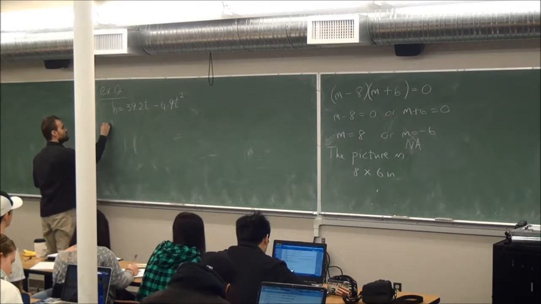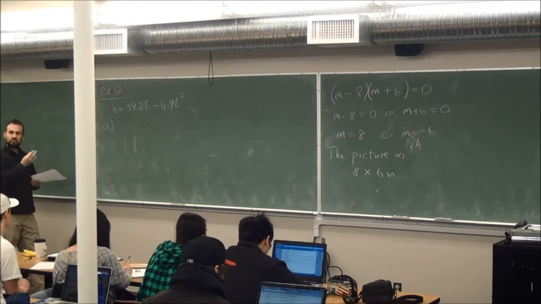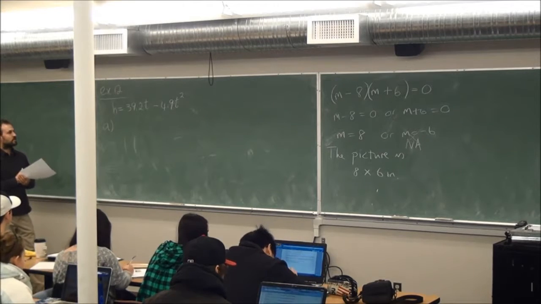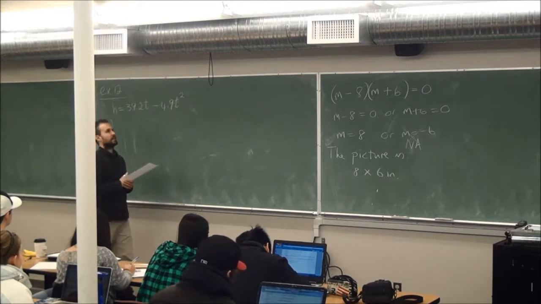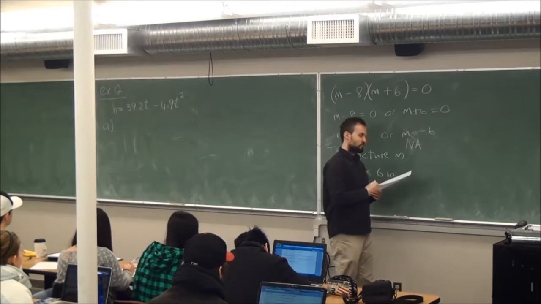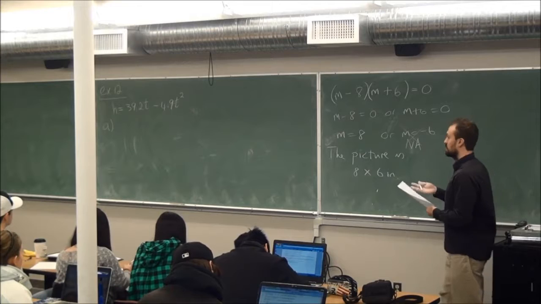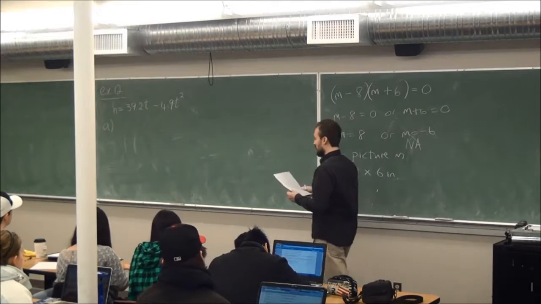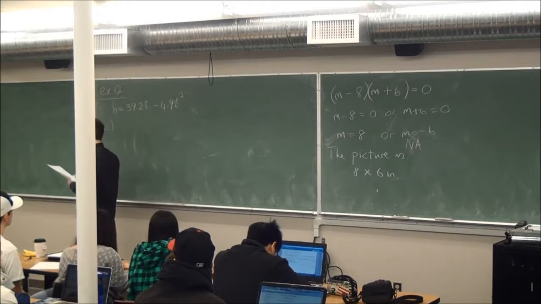Now, how do I interpret what they're asking and what I need to do with this equation? Isolate t. Sure, you're not wrong. But they're giving me extra information. They want to know what happens when the object strikes the ground.